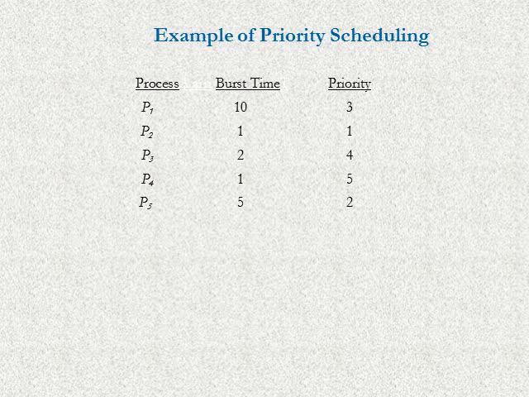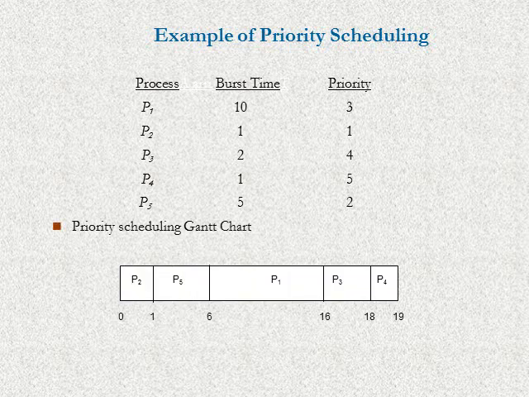As you can see in this example, P2 has the highest priority, then we have P5, then P1, then P3, and at the end P4. So these are the processes and their order of priority. And here we have the Gantt chart. P2, having the highest priority, will go into the system first, and as this is a non-preemptive algorithm, P2 will remain in the processor until it completes its execution.